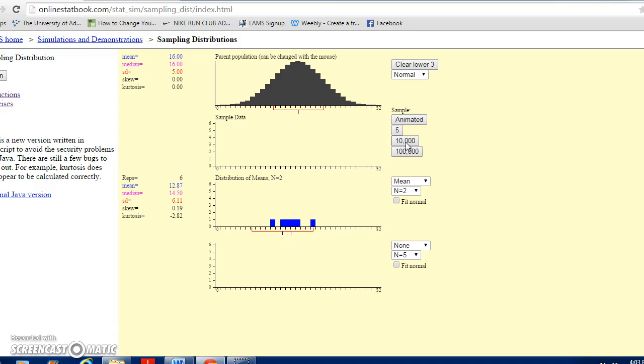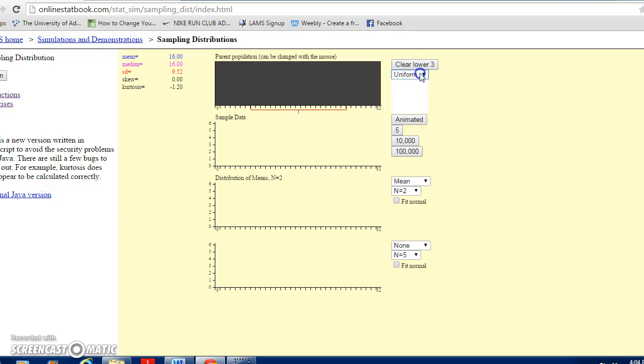Now, when we project that further and do that 10,000 times, you can see that we get an entire distribution. So when we're looking at the central limit theorem, we're not only going to be looking at populations which are normally distributed, but we could be looking at any particular distribution that may be uniform, it could be skewed, or it could be one that I've made up myself.